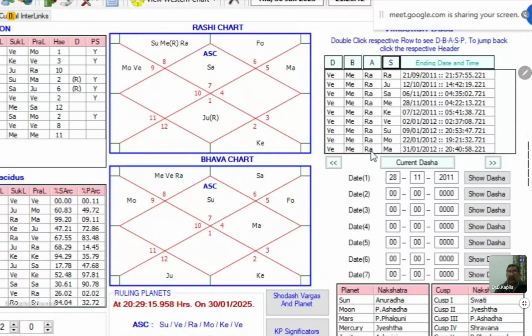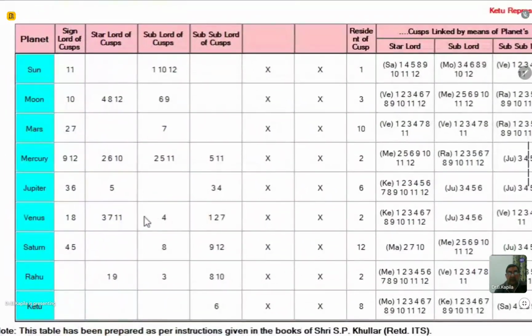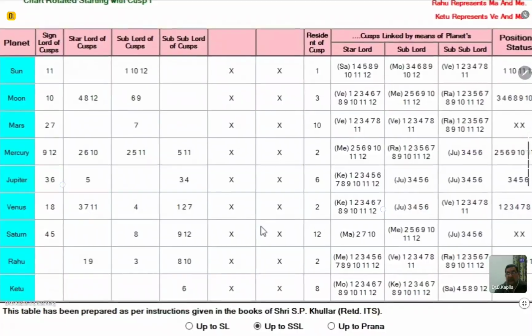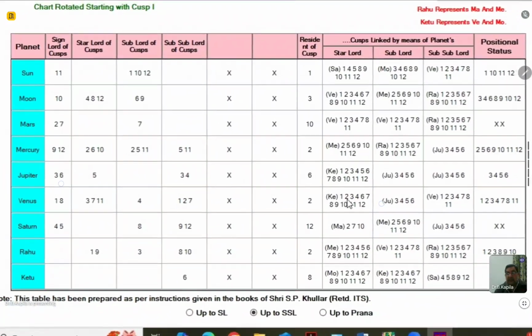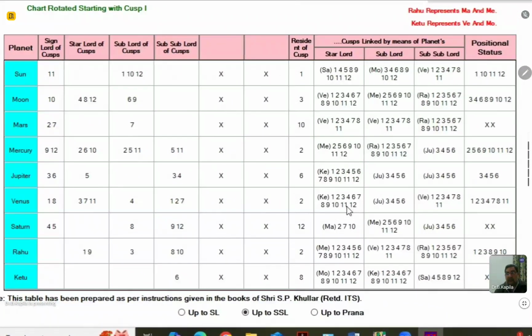Now, I will have to check the significations of Venus, Mercury, and Rahu, whether they are going to give the event or not. If I look into the Cuspal Interlink table, Venus is involving 2 and 11, committing by 5, and final confirmation to 2 and 11, which means the Dasha is okay to give the event of childbirth.